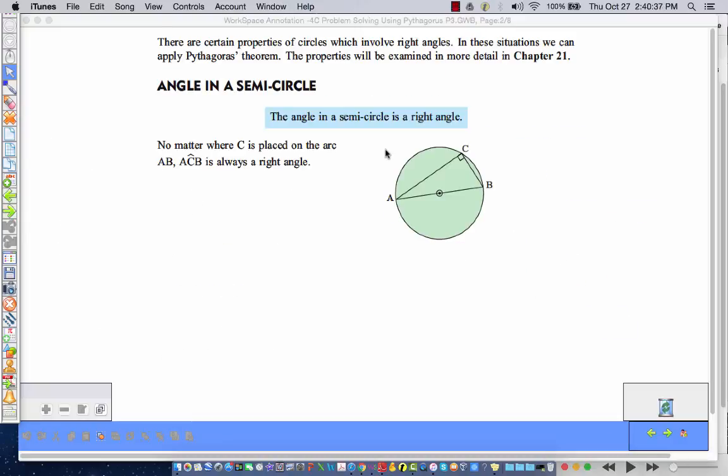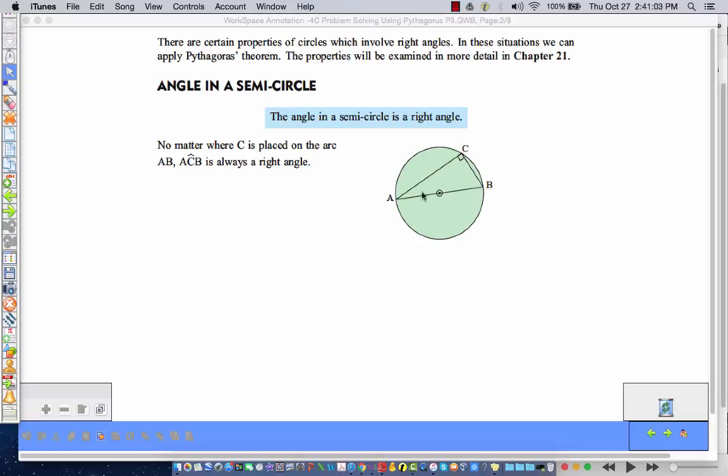With circles and with line segments and chords and centers and diameters and radii, all that kind of thing, there are certain properties that are quite helpful to answer some mathematical questions. One of those properties is that anytime you form a triangle in a semicircle, then that triangle is a right triangle.